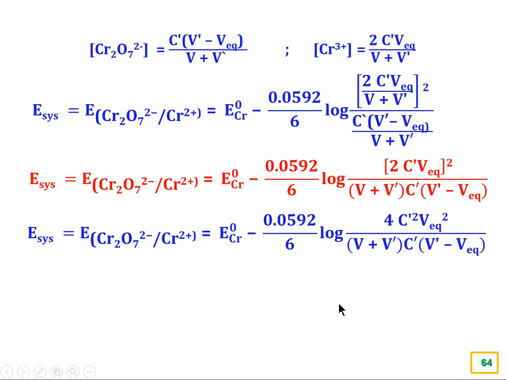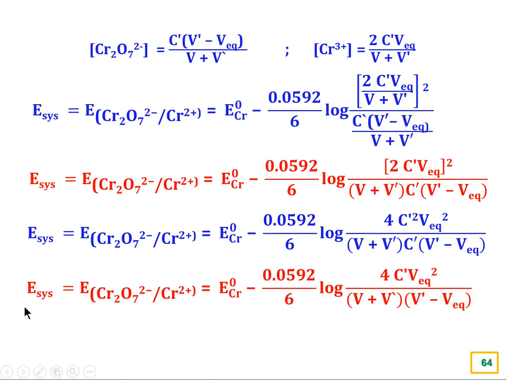We simplify by C prime, and then we obtain the relation E of the system equals E0 minus 0.0592 divided by 6 log of 4 C prime V equivalence squared divided by V plus V prime times V prime minus V equivalence. So the correct answer is B.